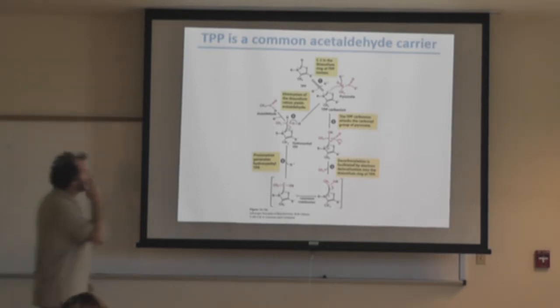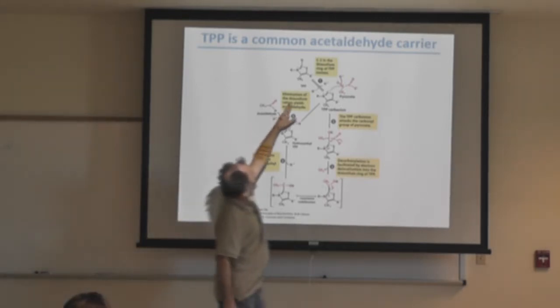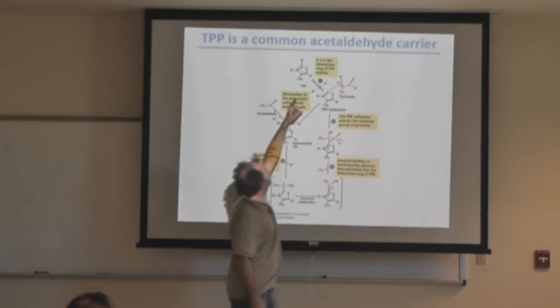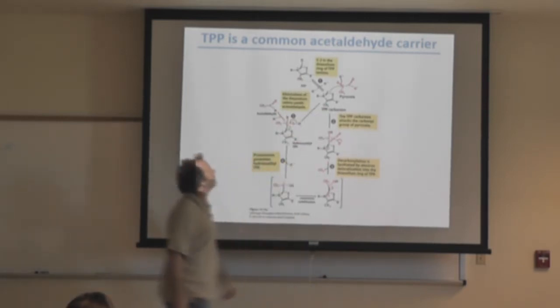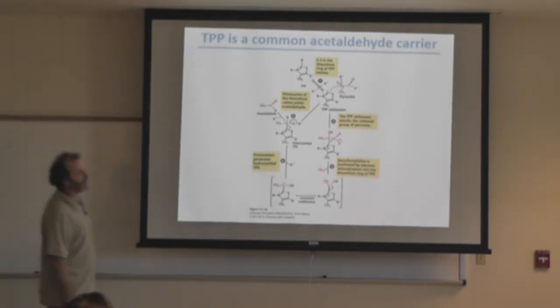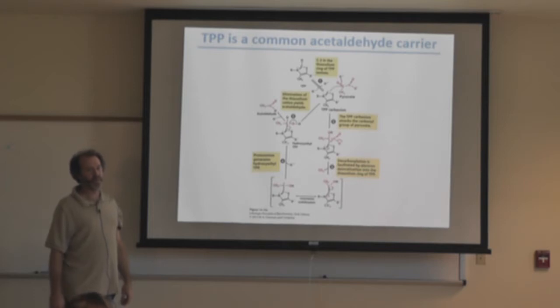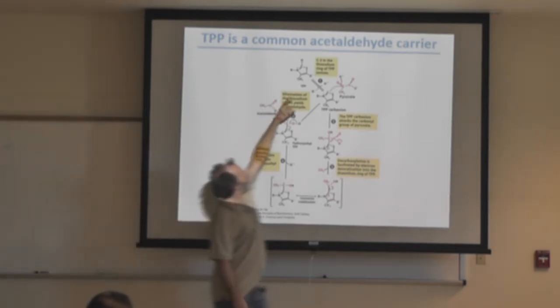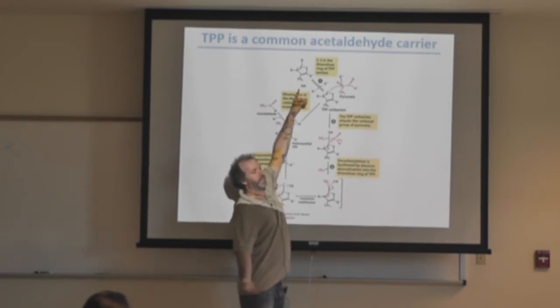But here we have TPP, thiamine pyrophosphate. If you look at that structure, again, you have this quaternary nitrogen on that ring structure, the thiazolium ring. So it ionizes. What makes it possible to ionize is that positive charge makes this hydrogen basic.